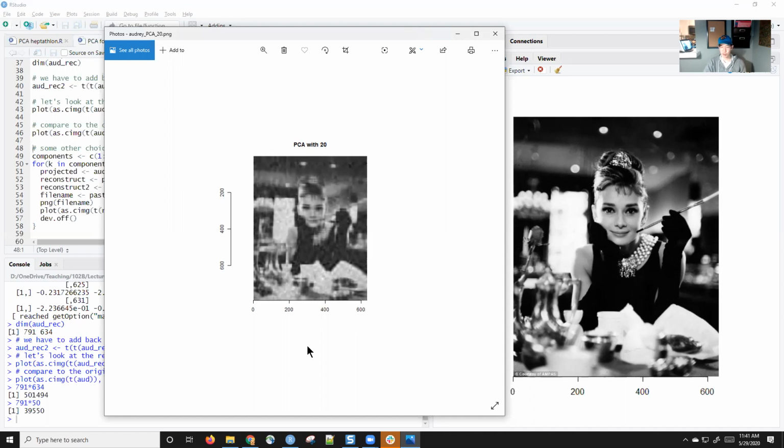So at 20 principal components, I would say these two images are starting to look fairly similar. This definitely resembles this image, even though this is very grainy, very blurry, and not doing a great job. Here it is with 25, and here it is with 30 principal components.